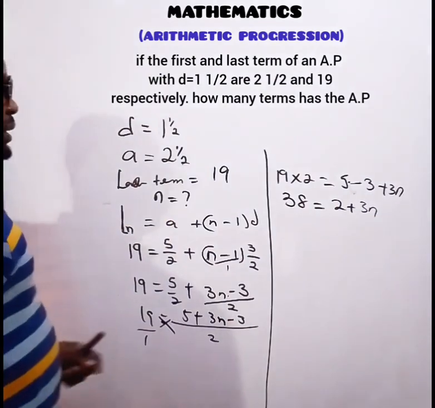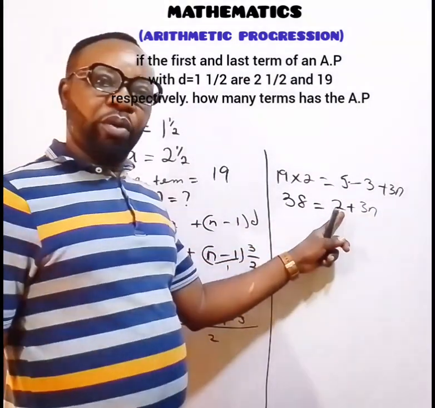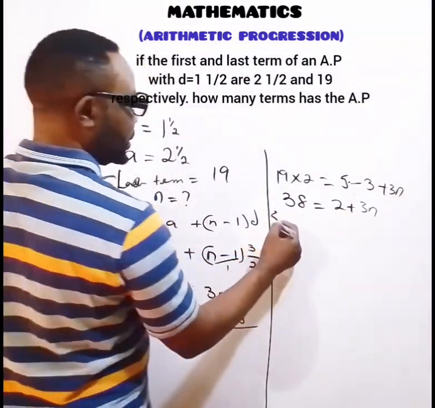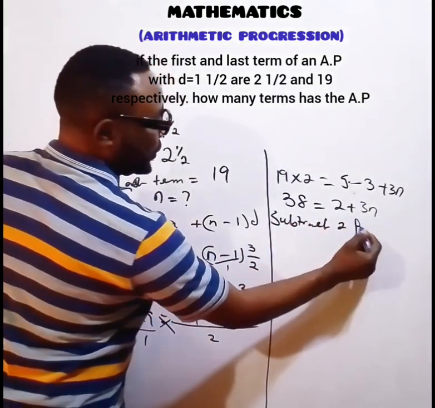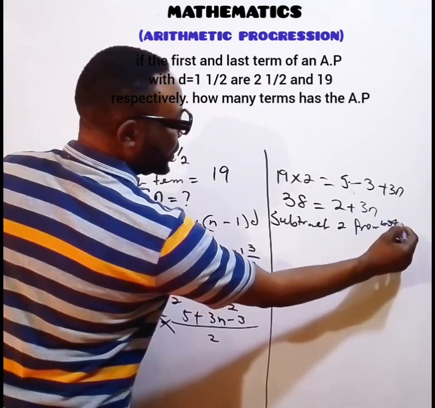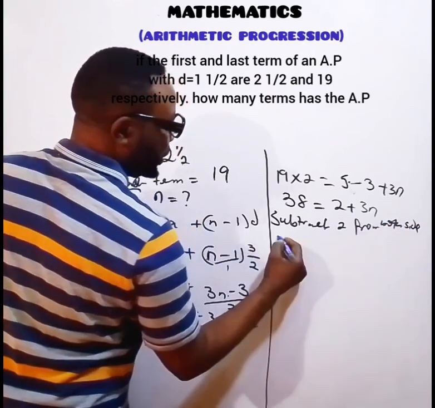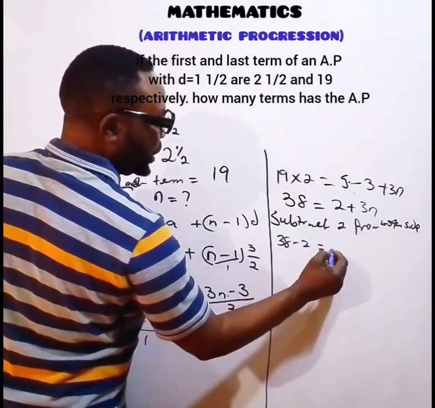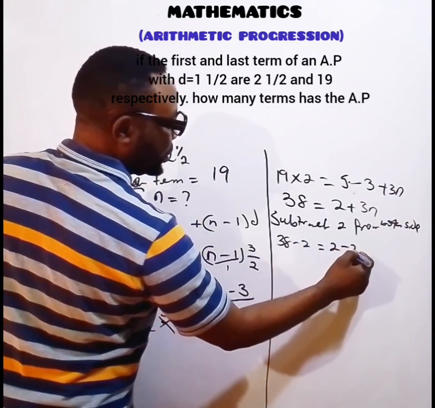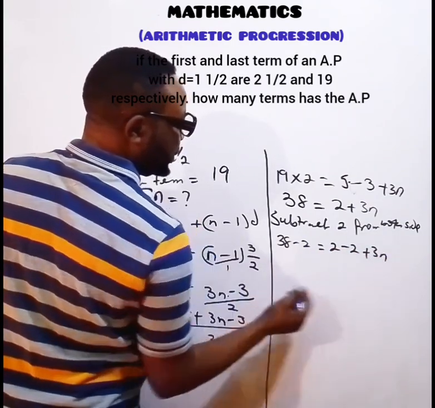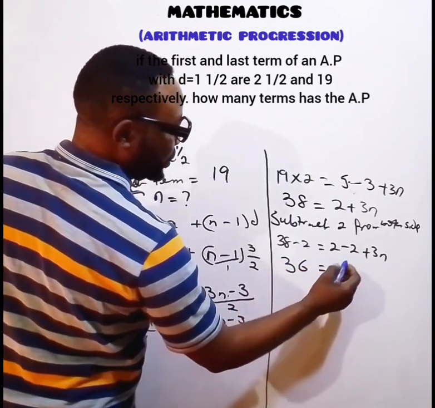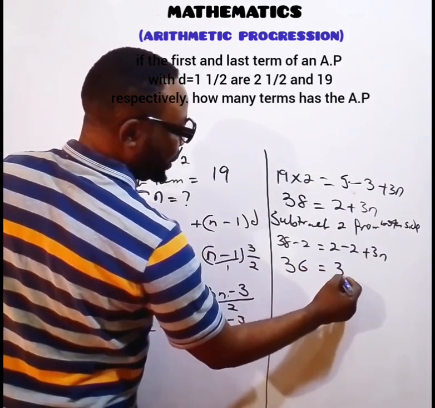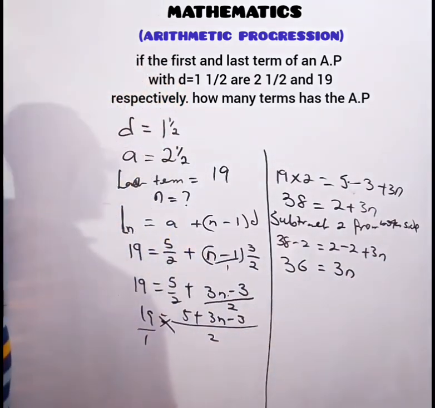So in this regard, I have to subtract 2 from both sides. Having 38 minus 2 equal to 2 minus 2 plus 3n. 38 minus 2 will give me 36 equal to 2 minus 2, 0, 3n plus 3n.